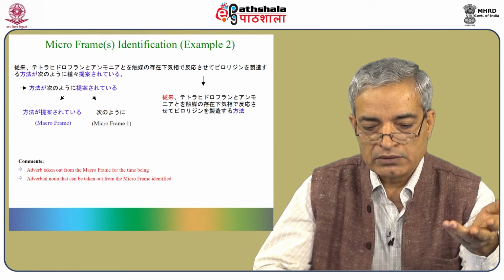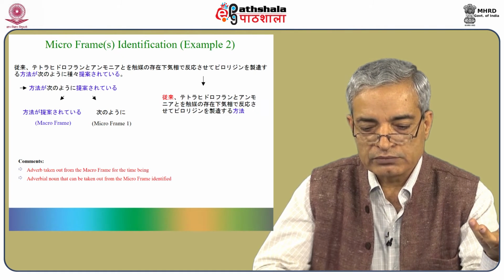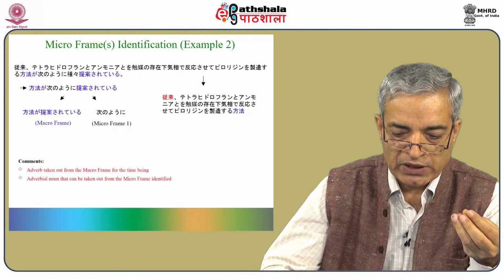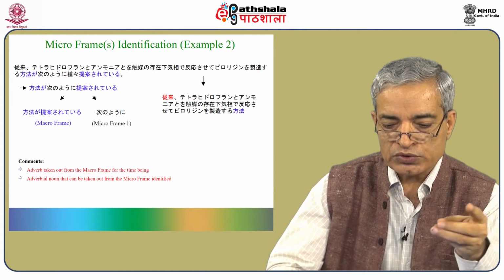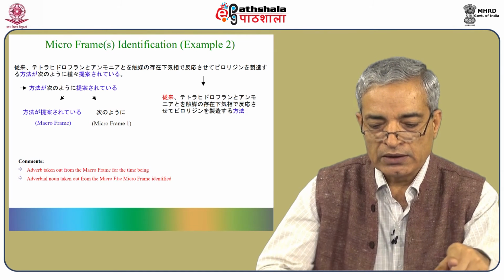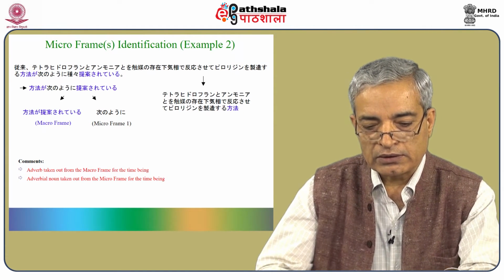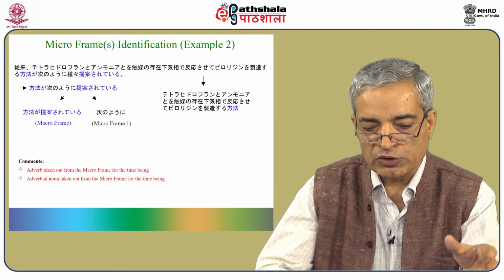Then if I leave out, then the verb here is ho. And if you try to pick out, then it is pyrorigin o seizo suru. The ho goes with that, because ho actually has gone in the beginning. So this is some duplication.